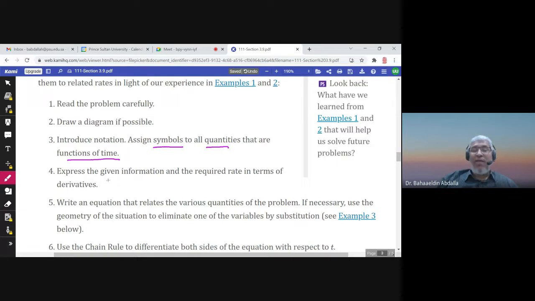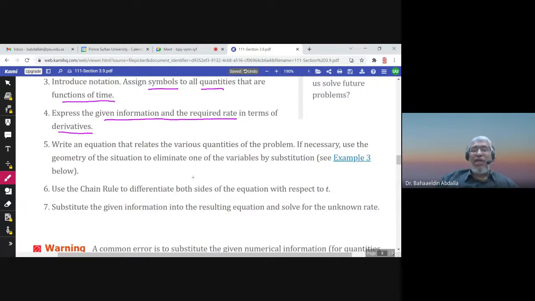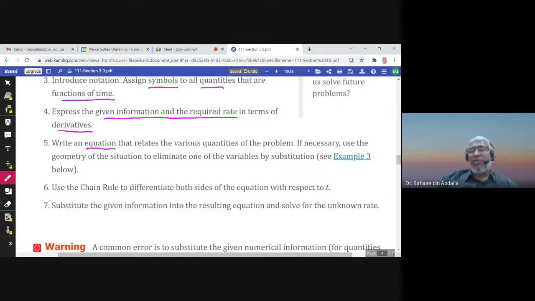And then we express the given information, usually d something by dt, dx by dt or dy by dt, and the required rate in terms of derivatives. Okay, so the information and the required quantity are usually rates, so derivatives. And then we write an equation that relates the various quantities of the problem.